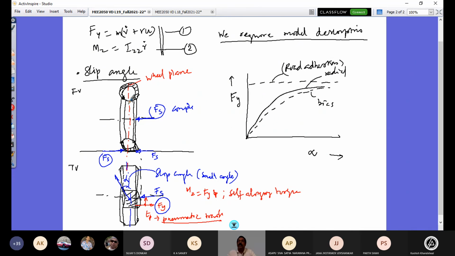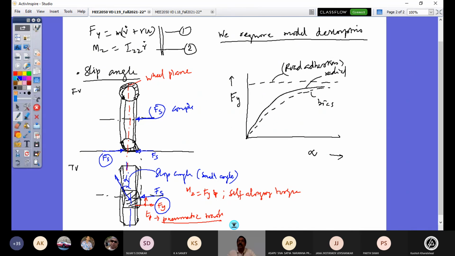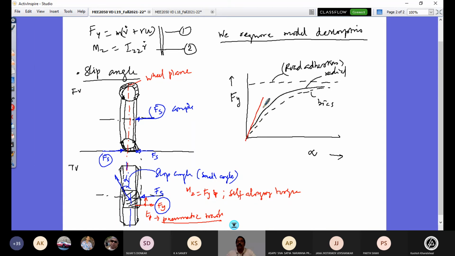At the time being, you see this, and here is where I am defining the slope. The slope here gives me an important property of the tire called the lateral stiffness or cornering stiffness of the tire.